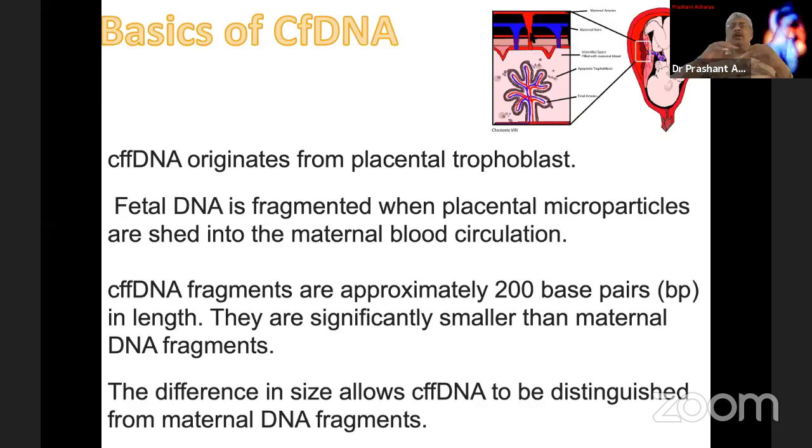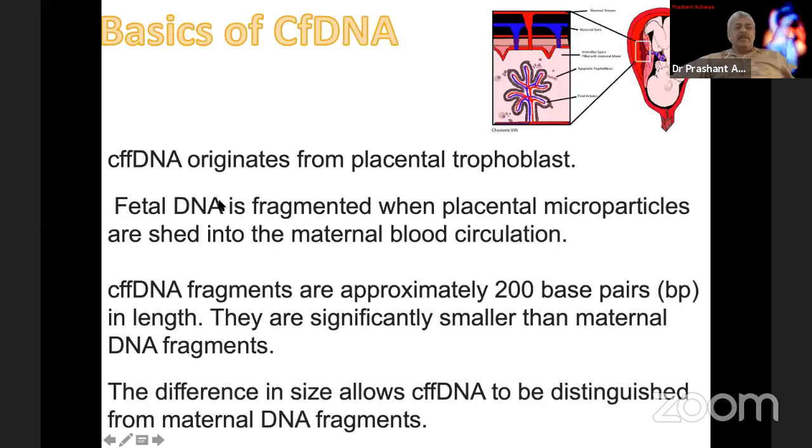The nucleus is exposed, the nucleus is also destroyed, the chromosomes are exposed, and because the chromosomes are exposed, they also will be destroyed by the maternal body, and they are converted into small pieces.